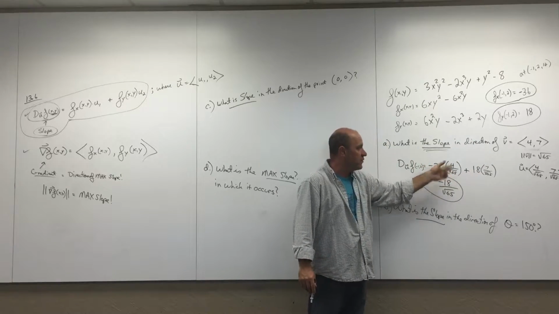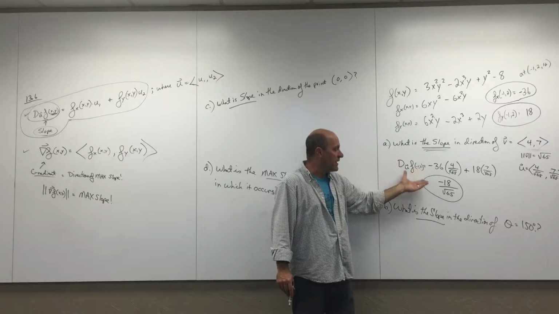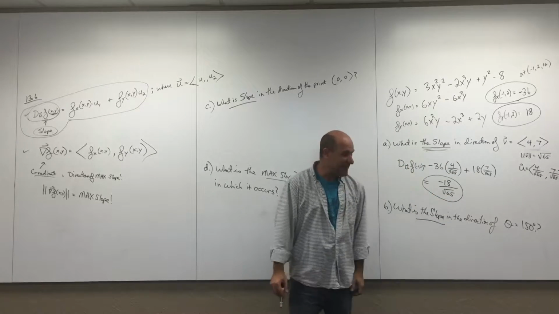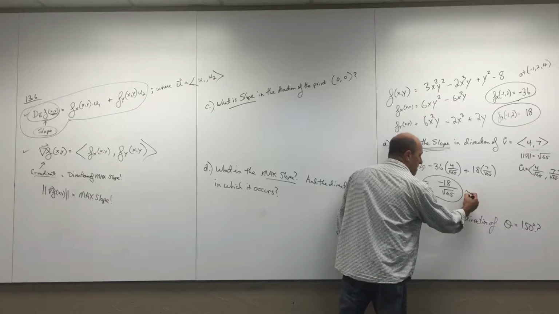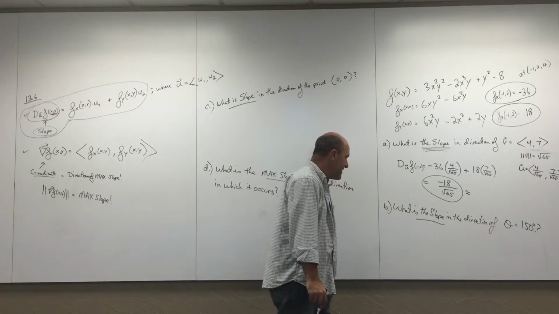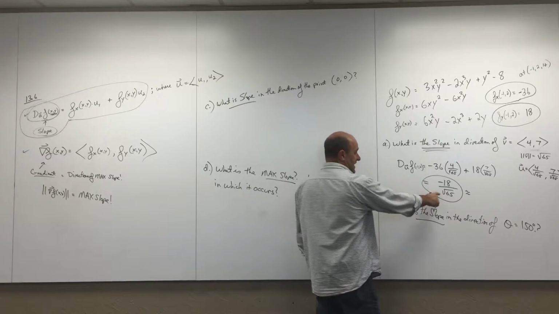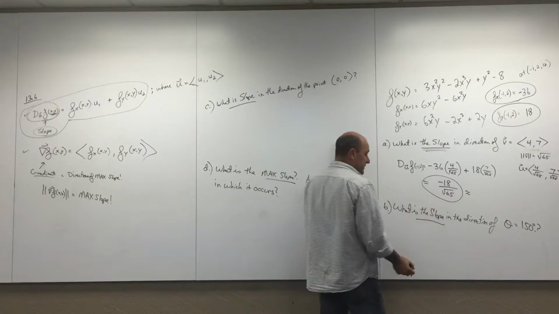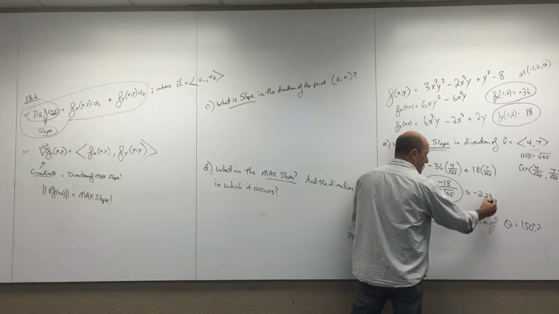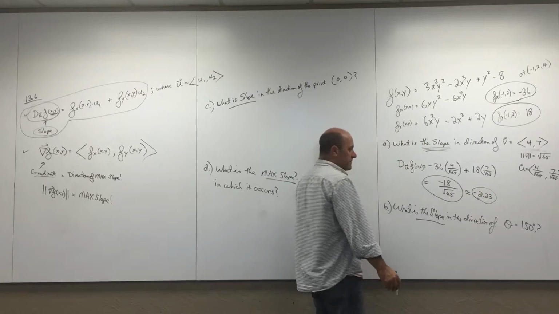This is the Duf with that unit vector, at this point. This is the slope. Hey, make that a decimal for me. Roughly, that's an 8. 18 over 8.2. You got negative 2.23. Okay, thank you. So there it is.